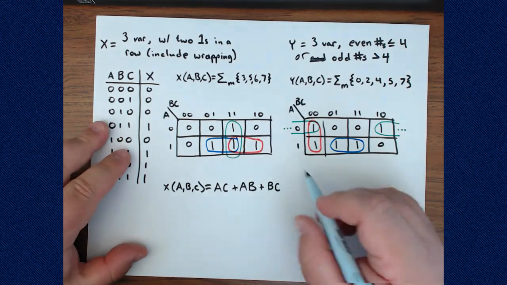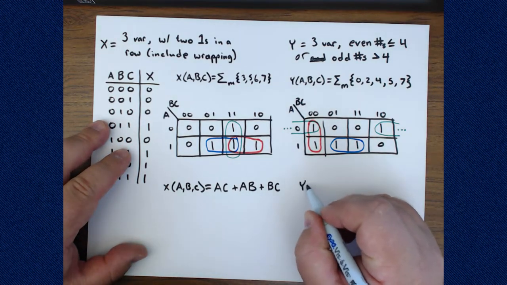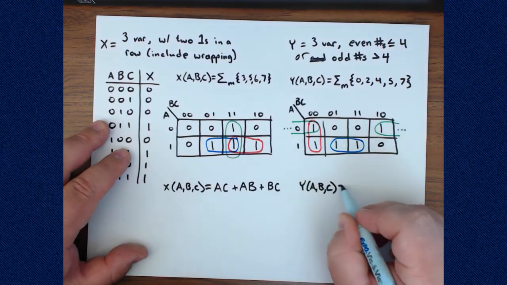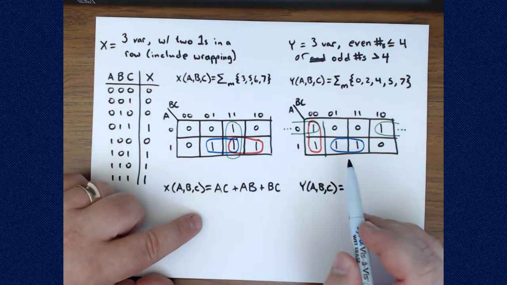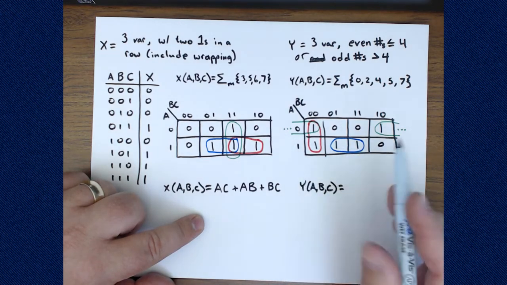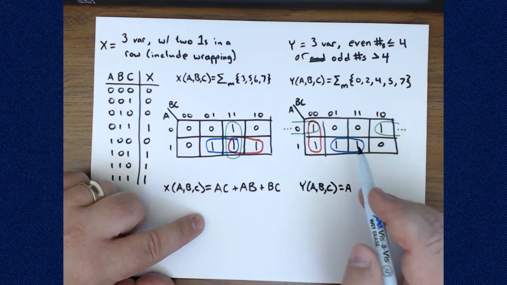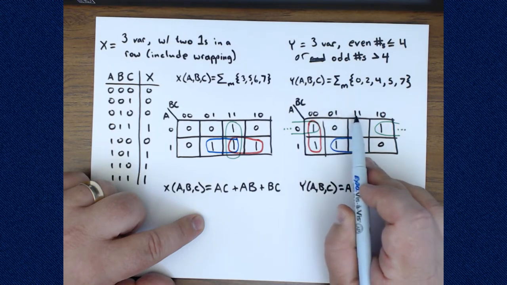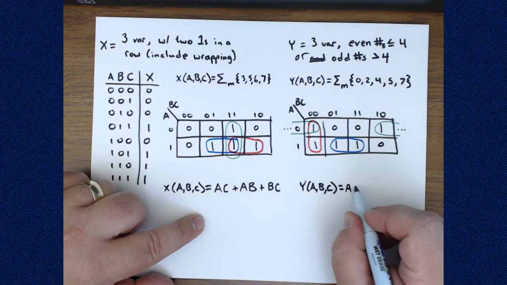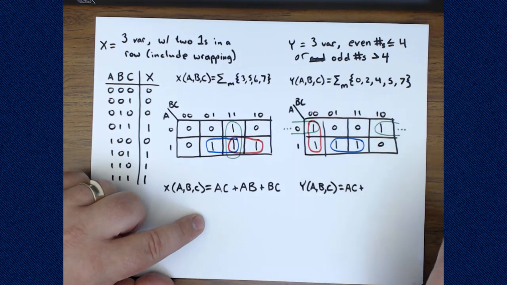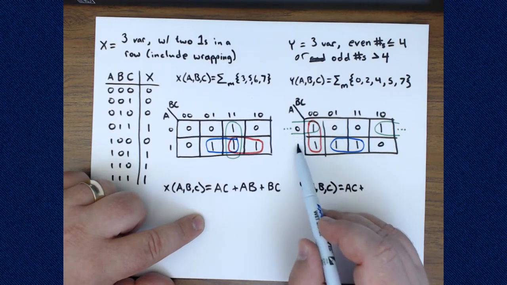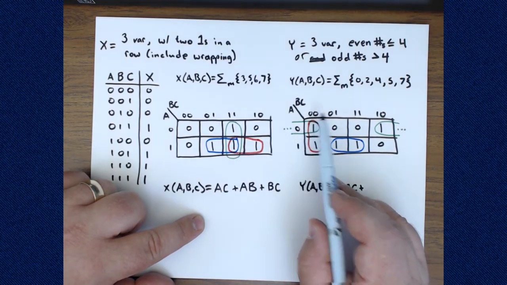All right, so that means we now have y as a function of a, b, and c equal to, let's do same order, blue one first. For both of these ones, A is a 1. B is a 0 or a 1, so it doesn't matter, we'll get rid of it. And C is a 1 in both cases. So A, C. Now the red rectangle. A is a 0 or a 1, so it doesn't matter. And B and C are both zeros.